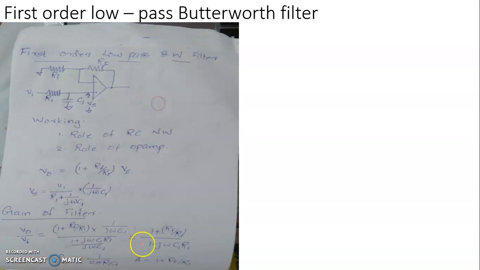Now let's consider the design, construction and working of a first order low pass Butterworth filter.